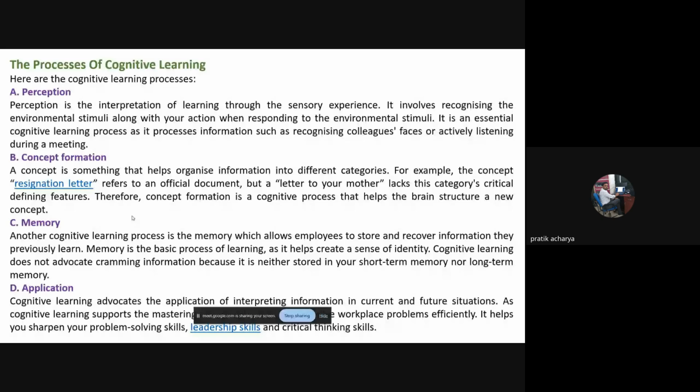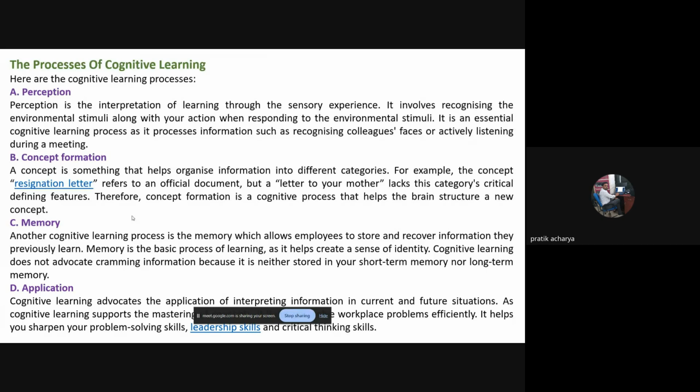It is interpretation of learning through sensory experience. It involves recognizing environmental stimuli along with your action. It is an essential cognitive learning process as it processes information such as recognizing colleagues, faces, or actively listening during a meeting. So this is very common to all, no need to describe a lot about this. Concept information is also very familiar to us in our day-to-day life.